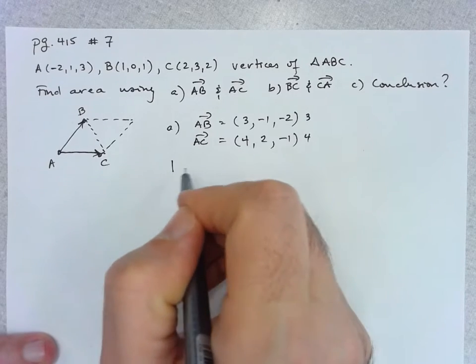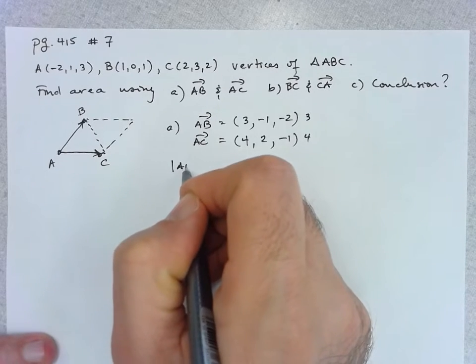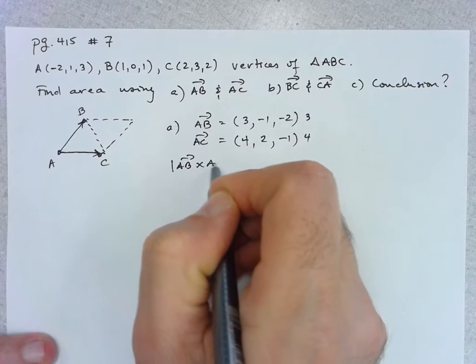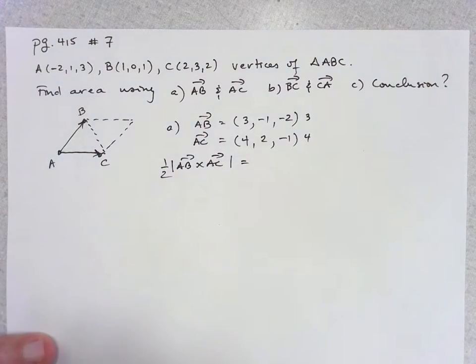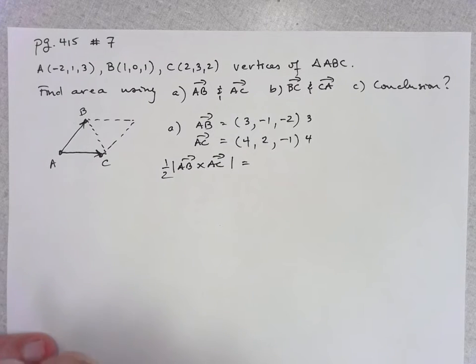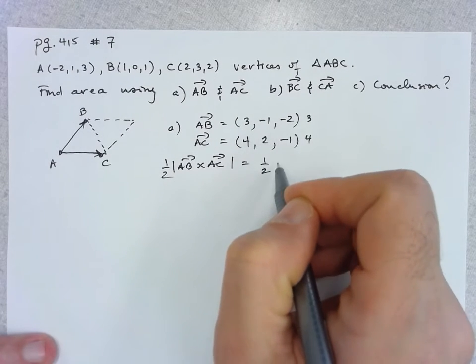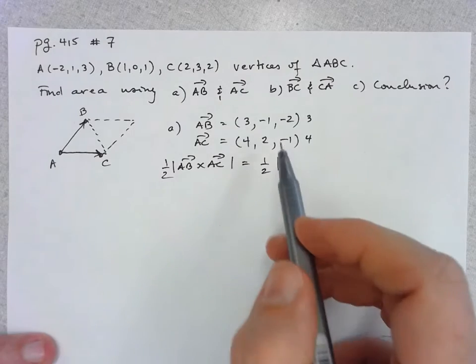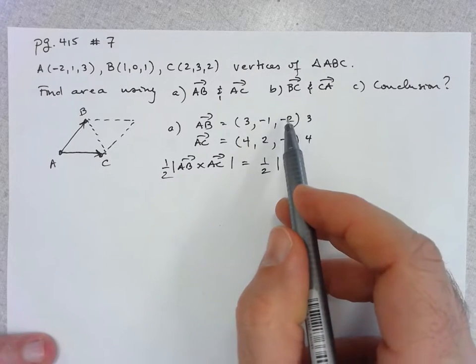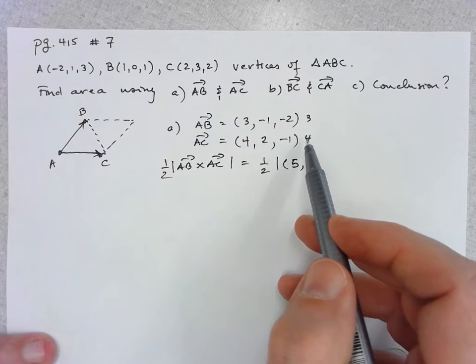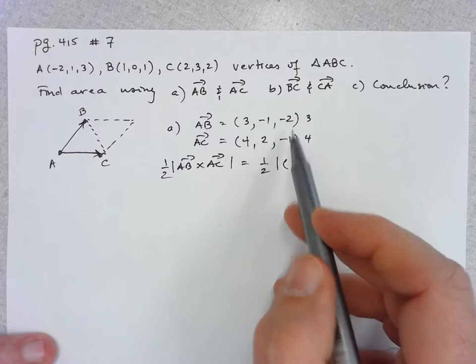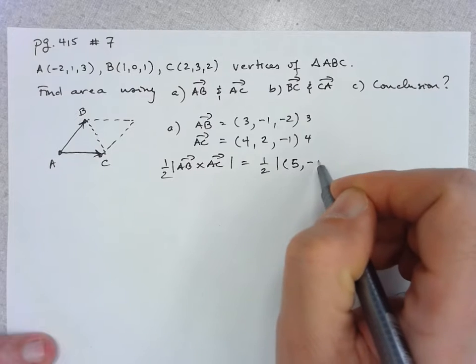So I need the magnitude of AB cross AC. In fact I'm going to take half of that, since I'm looking not for the parallelogram but for the triangle. So it's half times, and let's find the cross product. Here we have 1 minus negative 4, so that's 5. Here we've got negative 8 minus negative 3, so negative 8 plus 3 is negative 5.